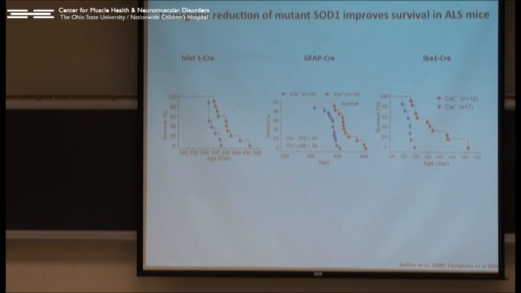So microglia gave it. Reducing SOD1 in microglia resulted in the longest extension of survival that had really been seen in these ALS animals, with astrocytes coming next. And then shockingly to many within the field, motor neurons weren't the primary culprit, at least on disease progression and survival of these animals.